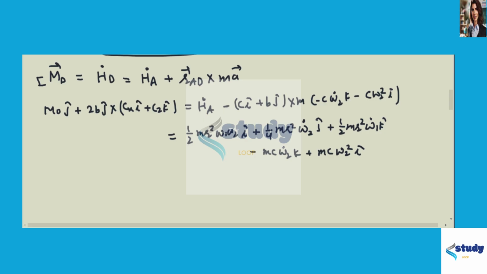On solving the right hand side, we can write MO j cap plus 2b. You have to solve this.